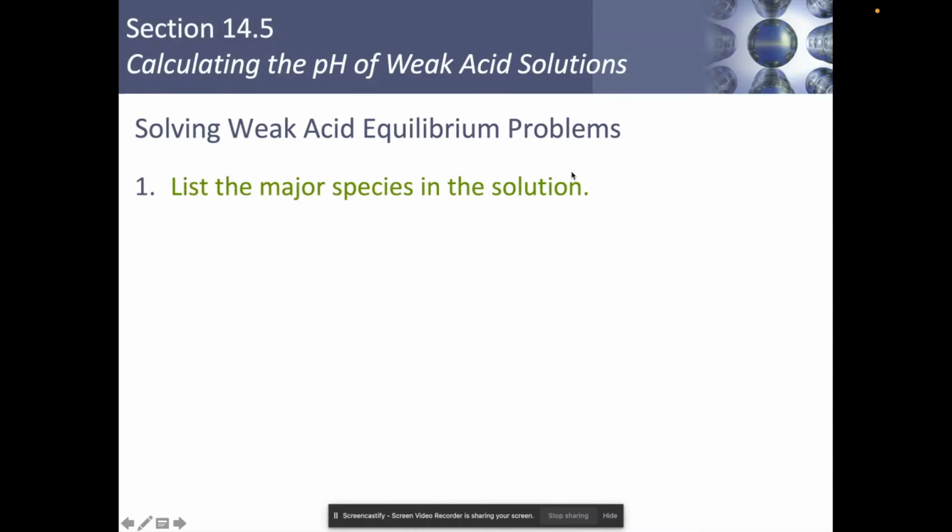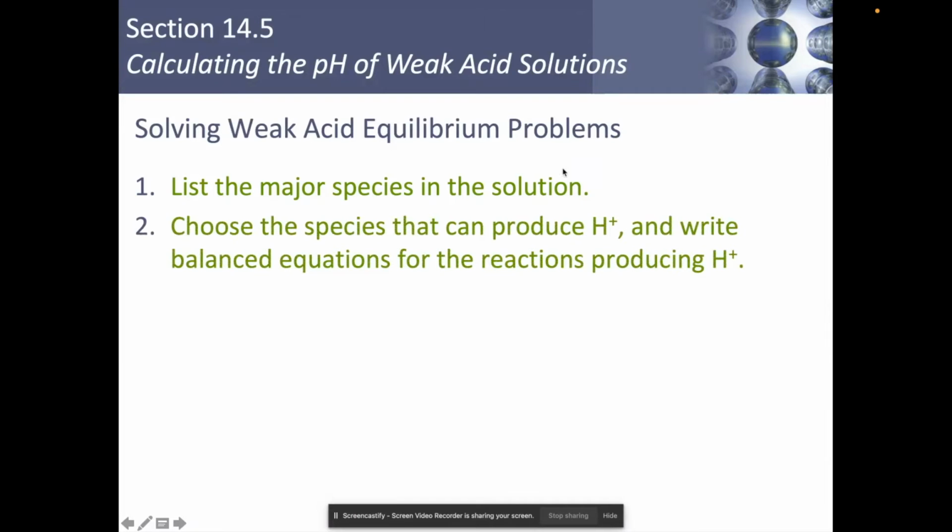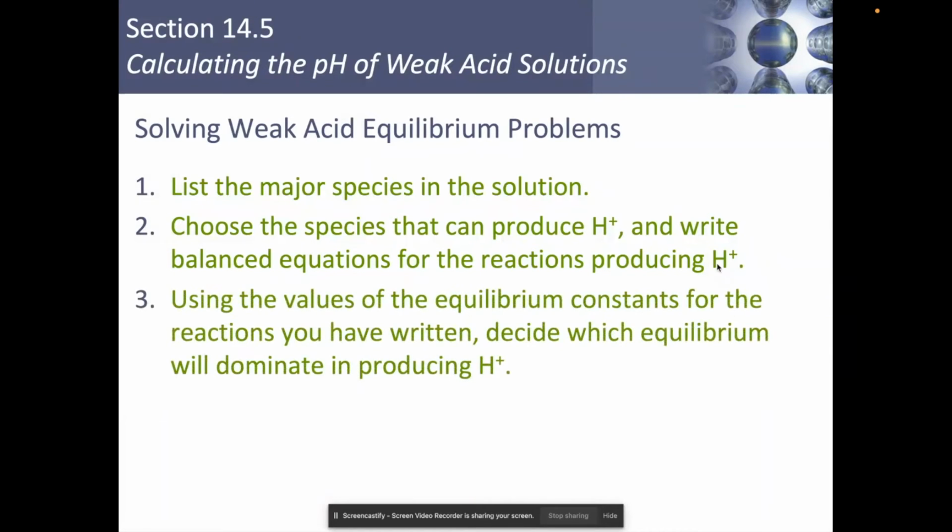Okay, first thing you should do, still list all your major species. Remember, for a weak acid, we have mostly a leftward equilibrium, meaning a reactant-favored equilibrium. We're not going to have a lot of ionization. Choose the species that can produce H plus and write a balanced equation for it. Again, all of that is exactly what we've been doing this entire time.